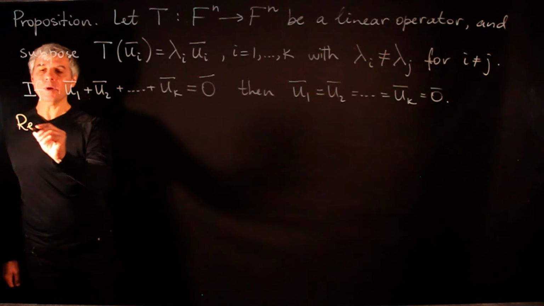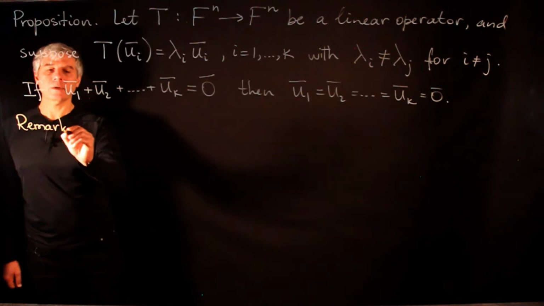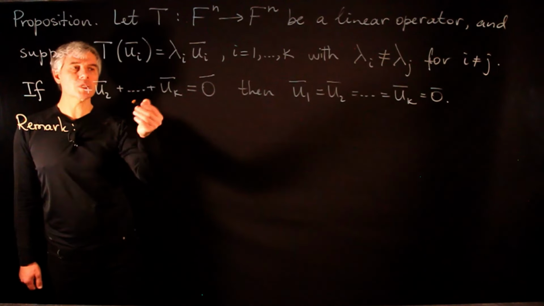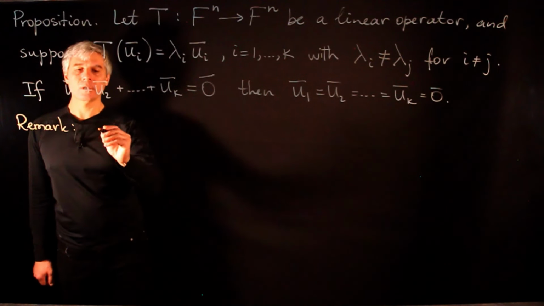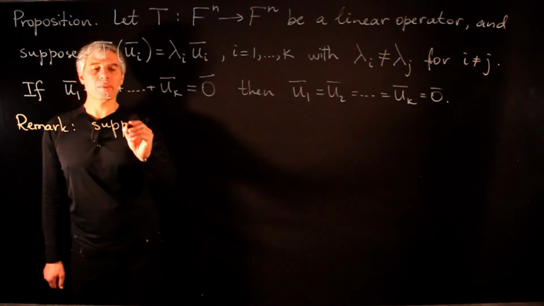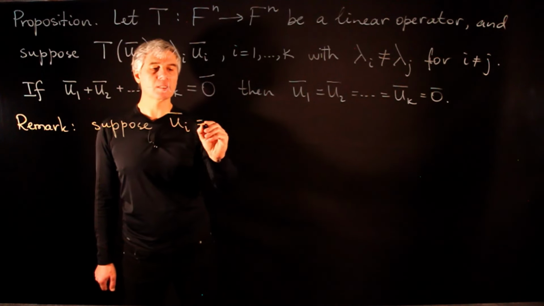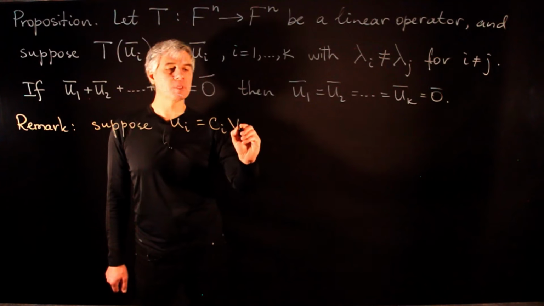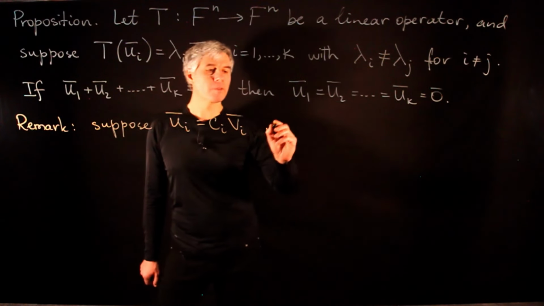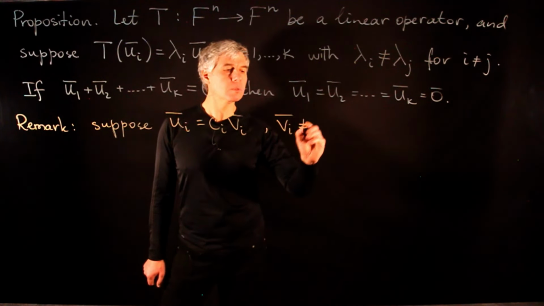As a remark, we could have used slightly different notation. Suppose ui is ci times vi, with vi's being non-zero.